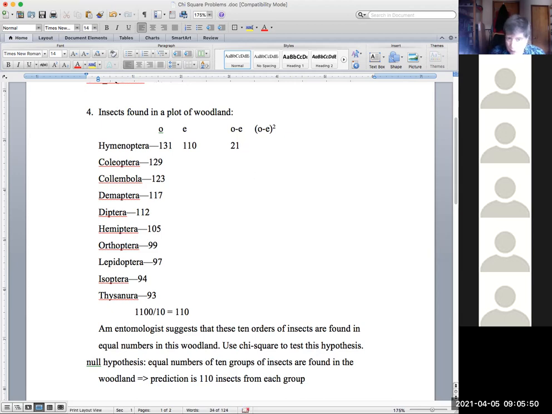Keep getting my hands on the wrong keys. This will be 441. And then finally, the last column that we're going to have is observed minus expected, divided by expected, and quantity squared.